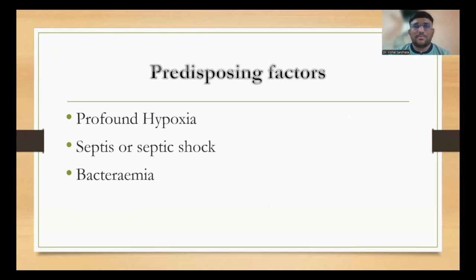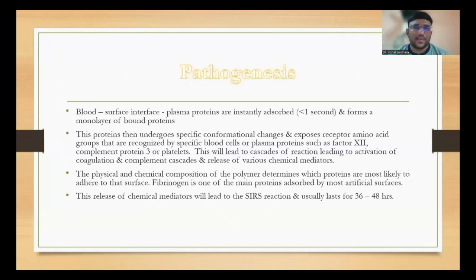These are the predisposing factors which will aggravate the SIRS: profound hypoxia, sepsis and septic shock, and bacteremia. So how does it actually occur?